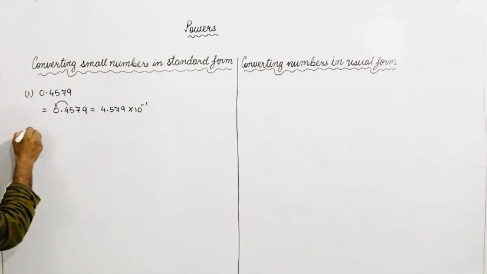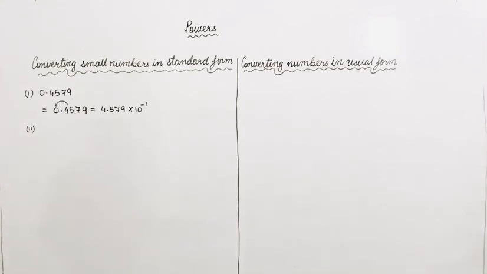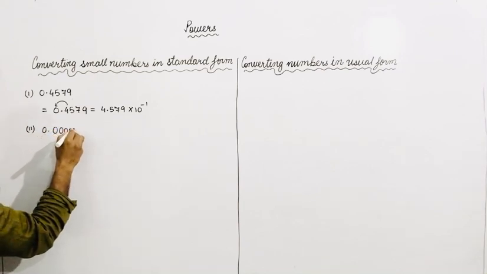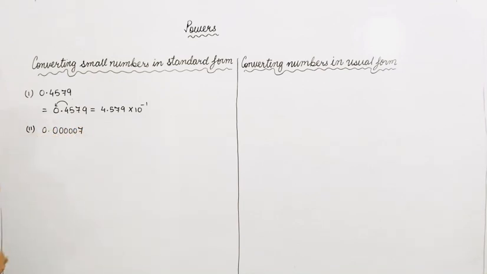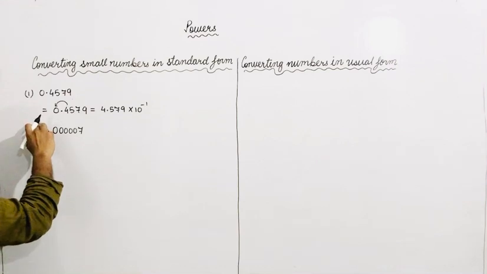If we take a second example, that is 0.00007. This is the number and you have to convert it into standard form. You have to bring this number 7 before the decimal.